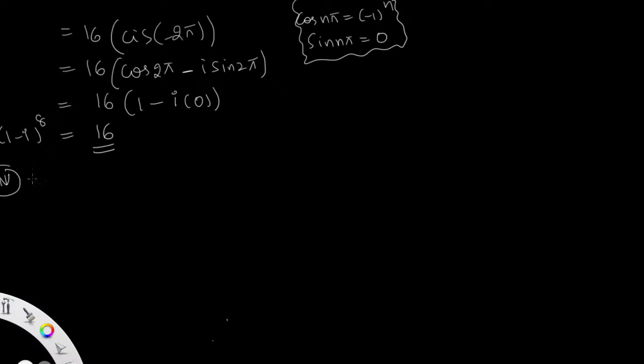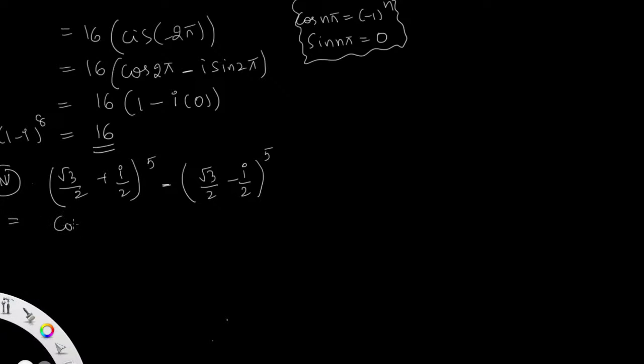In a similar way, the fourth question is given: root 3 by 2 plus i by 2 whole to the power of 5, minus root 3 by 2 minus i by 2 whole to the power of 5. Convert it to De Moivre's form, that is cis theta form. Root 3 by 2 is cos pi by 6, that is sin 30, which means pi by 6.